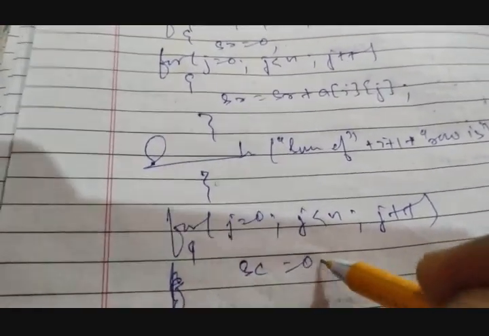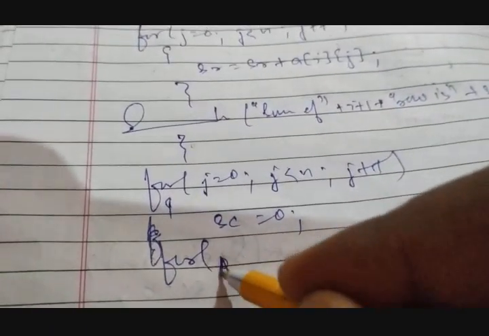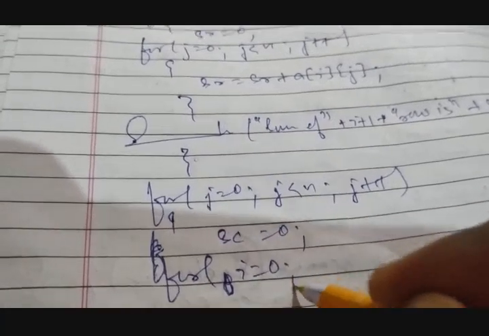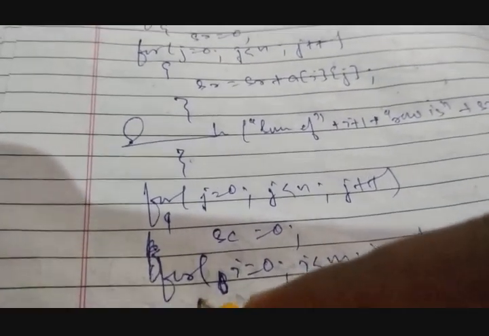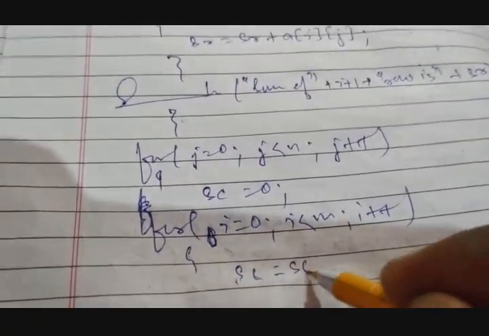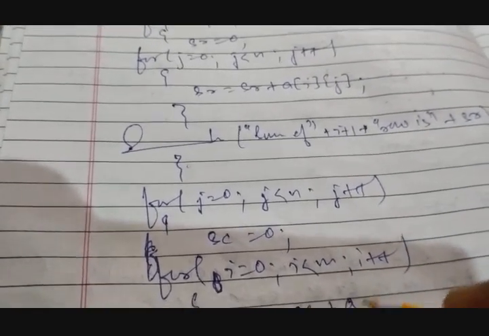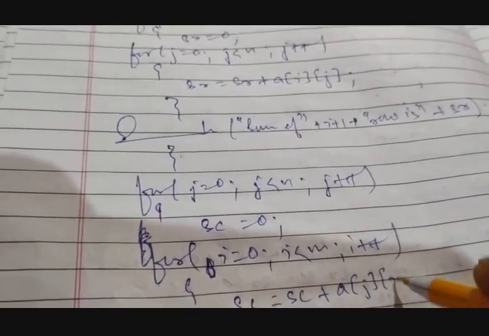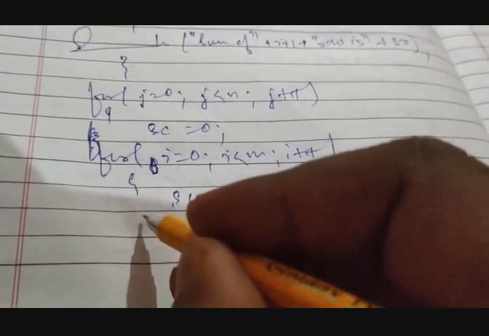sum of column equals 0, for i equals 0, i less than n, i plus plus. The sum of column equals sum of column plus A[j][i]. ठीक है, close.